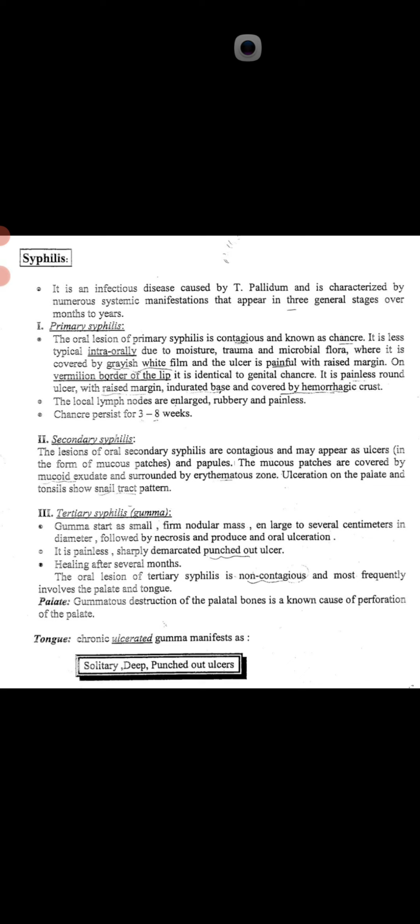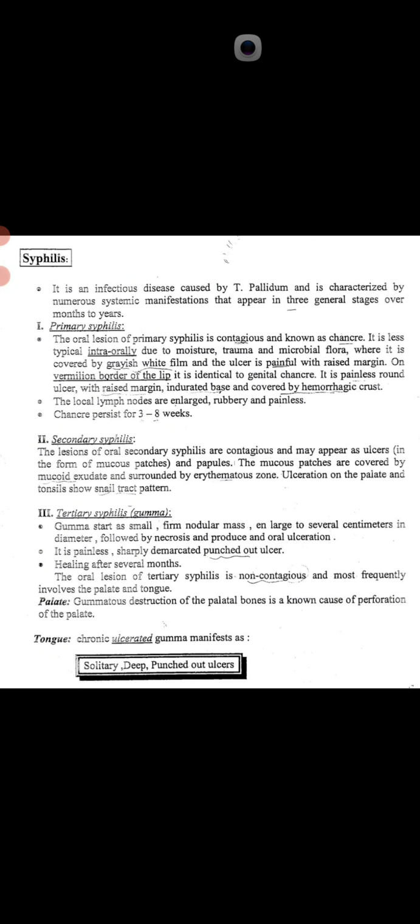In primary syphilis, the lesion which is formed mainly on the lip is the canker. The oral lesion of primary syphilis is contagious and known as canker.